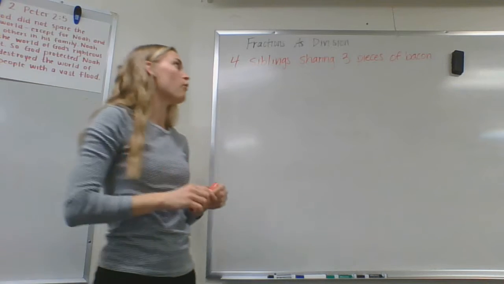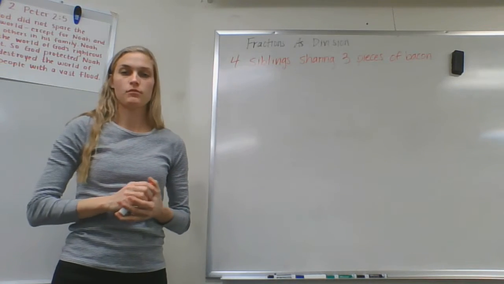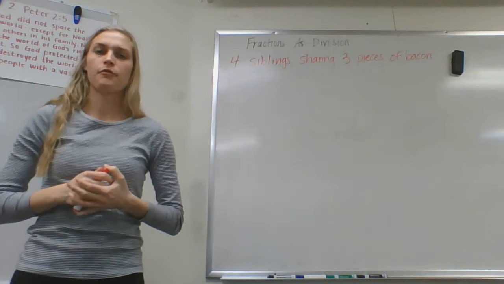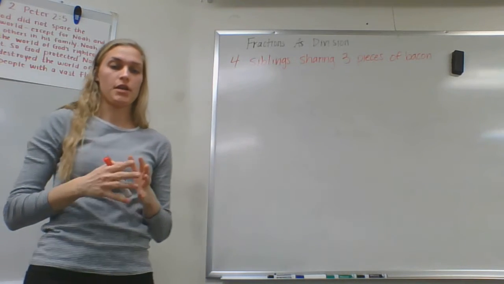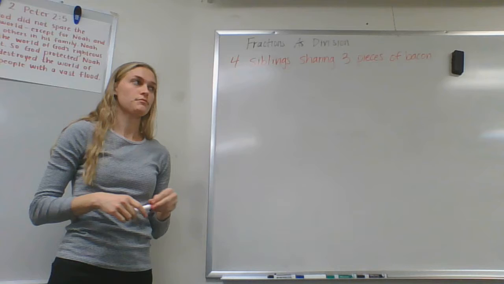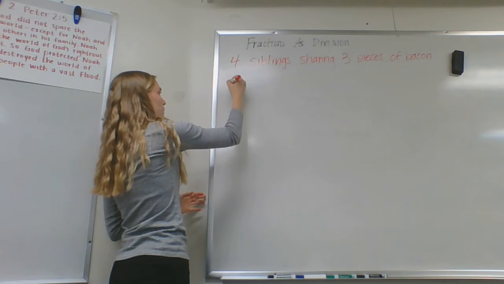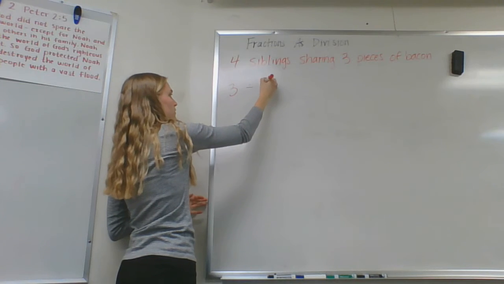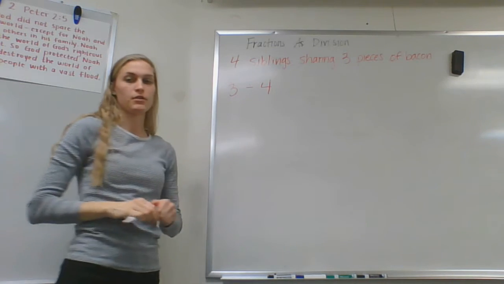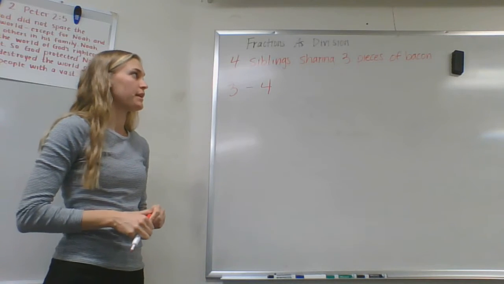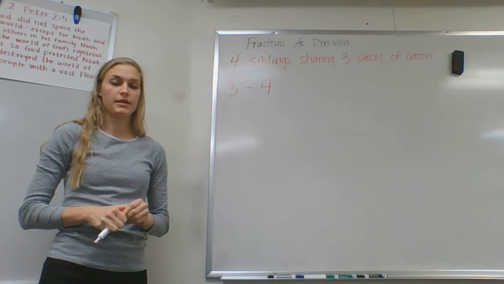First, I want you to think about what division problem this would be. 4 siblings sharing 3 pieces of bacon. So that means we have our 3 pieces of bacon and we're dividing that among 4 people evenly. 3 divided by 4, which tells us how much bacon each person would get.